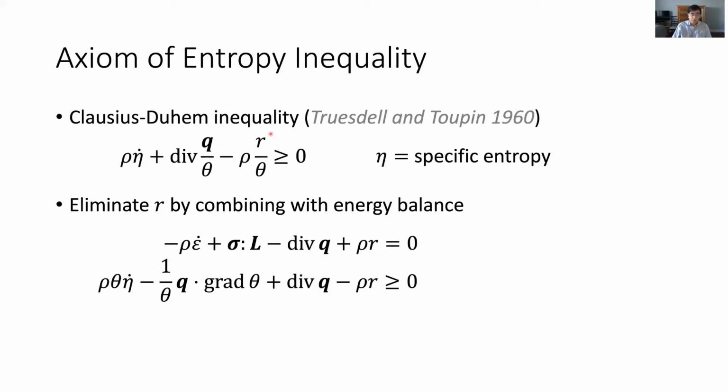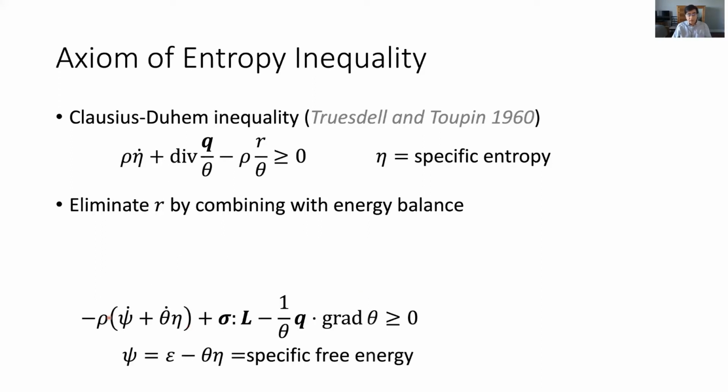So all I have to do is take the entropy inequality and multiply it by theta and expand this divergence operator. Then if I take the sum of these two relations, this div q cancels out with that and with this, and you end up with the alternative form of the Clausius-Duhem inequality, where you introduced a new function of state, which is usually called the specific free energy.